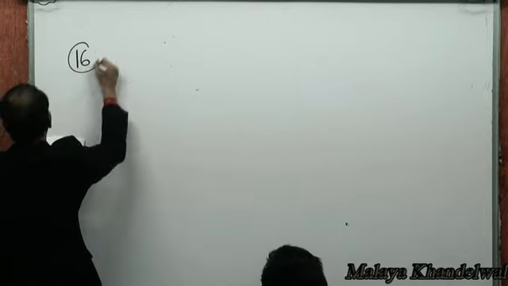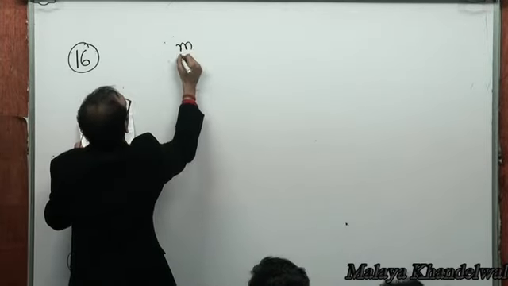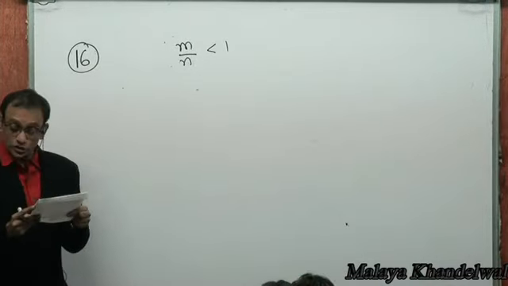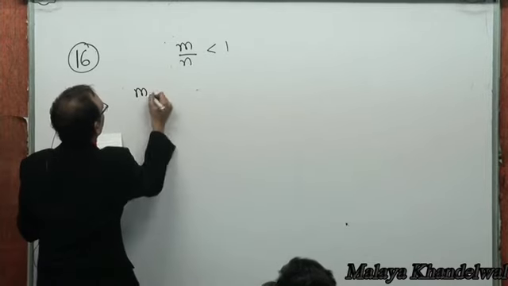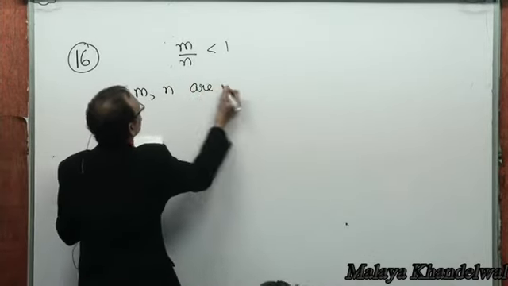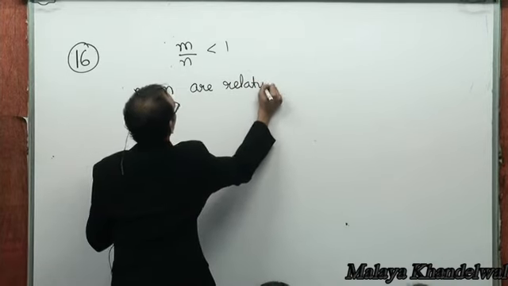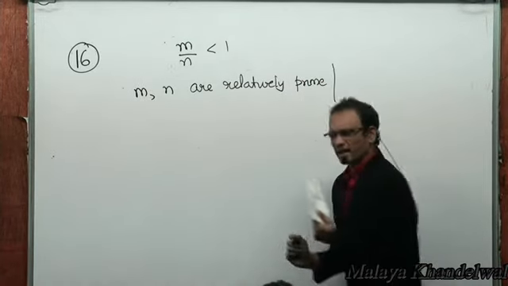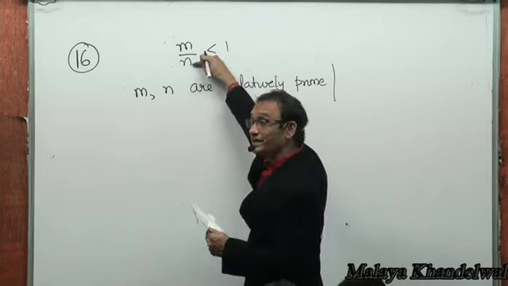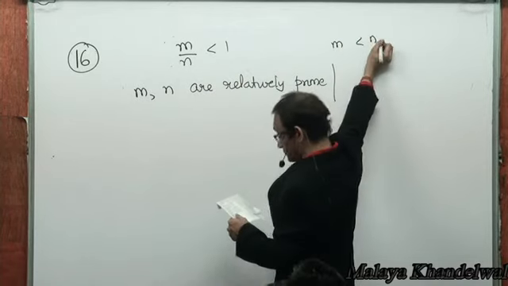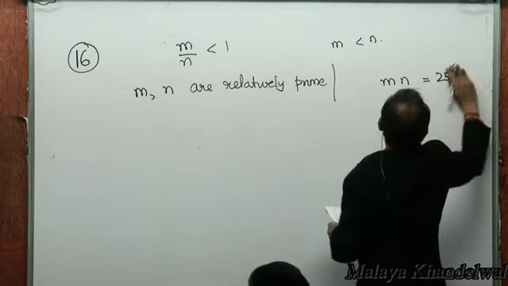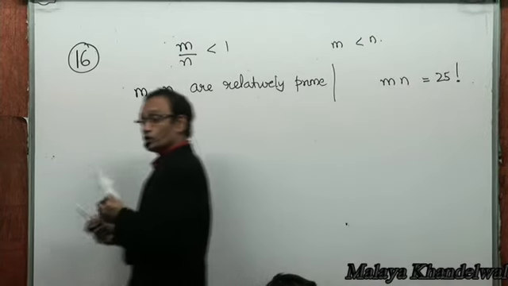Now the number of ways in which we could select all rational numbers m by n, where m and n are positive, natural numbers and are relatively prime, such that m is less than n, but m into n must be 25 factorial.